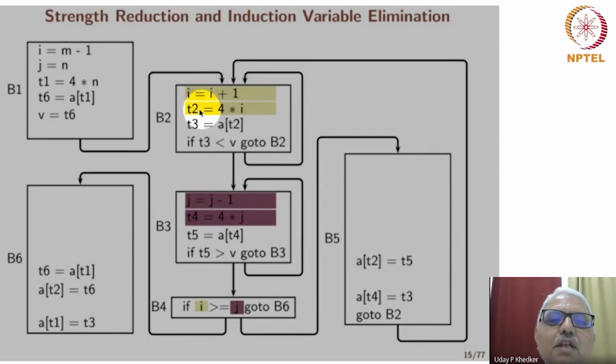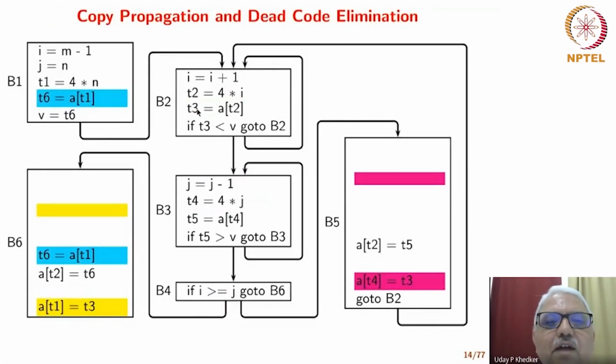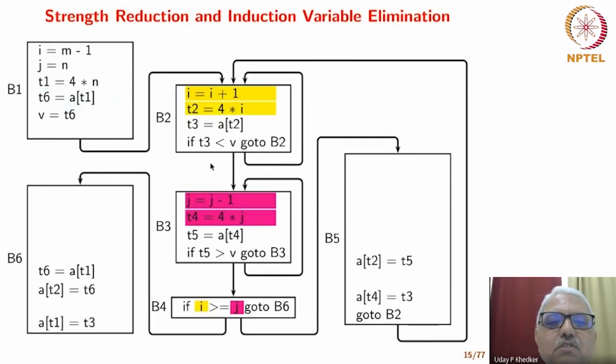Here the value of T2 increments by 4, which means that I and J are moving in a lockstep fashion. Okay, so what we can do is this comparison between I and J can be replaced by comparison between T2 and T4. The Boolean condition will still remain the same because the values are moving in lockstep.